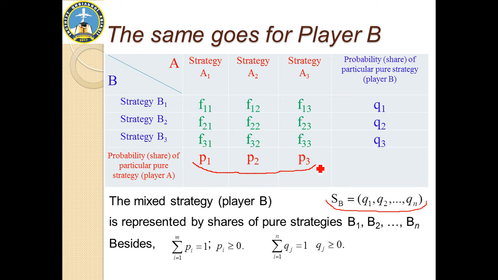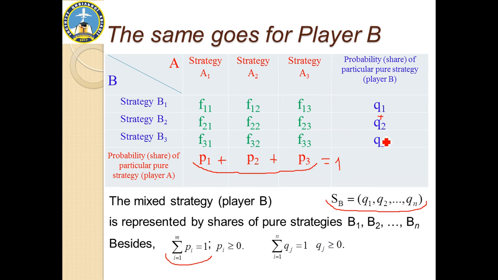These shares must sum up to unit. So when we sum them up, share P sub 1 plus share P sub 2 plus so on equals 1. So this equation represents this situation. The same goes for shares of the strategies employed by the second player.